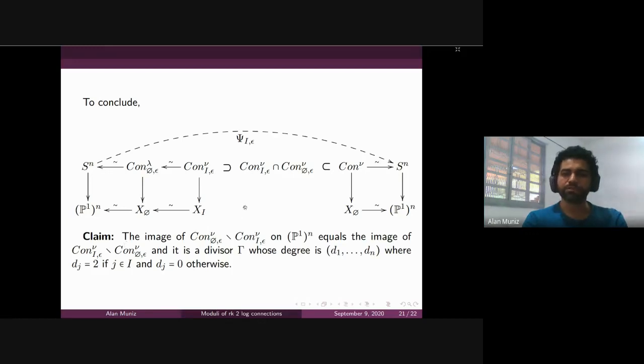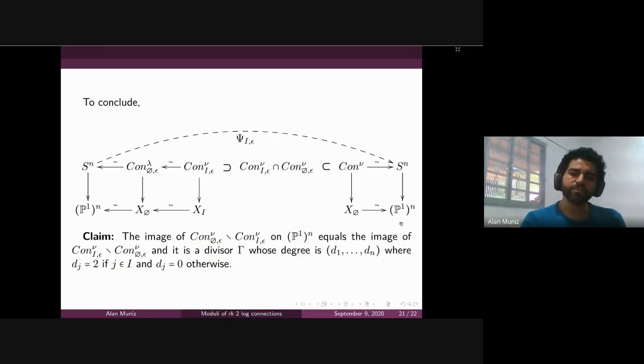So the image of the complement here, this intersection is here. The complement of this part projects downstairs, and we take the projection to P1 to the nth power.